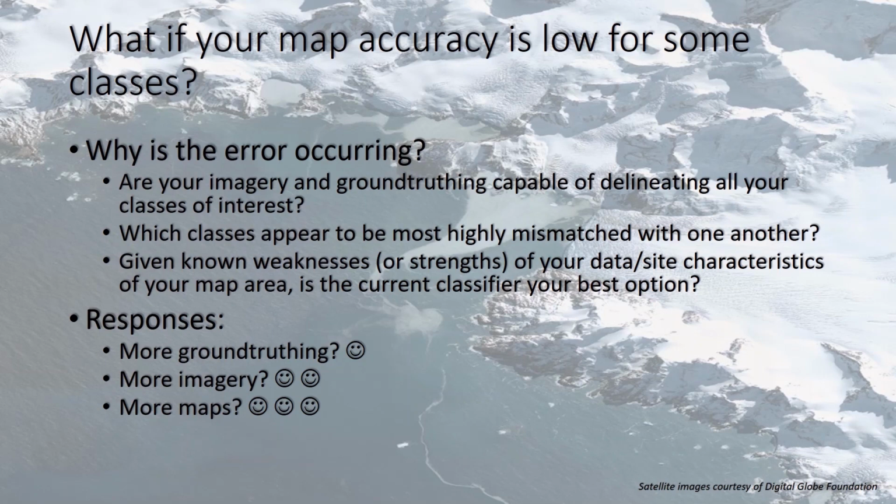You can now begin to determine whether some of the classes that you thought you were going to be able to map, maybe you're currently unable to, and that you're going to have to go back and decide if you need more ground truthing, if you need different imagery, if you need to use a different classifier. But once you get through the first iteration, this is when you need to start asking those questions.